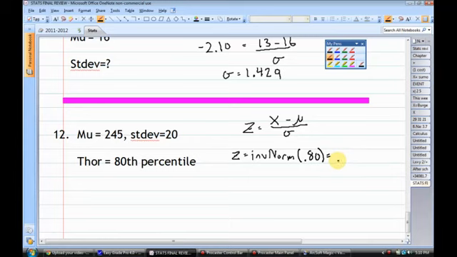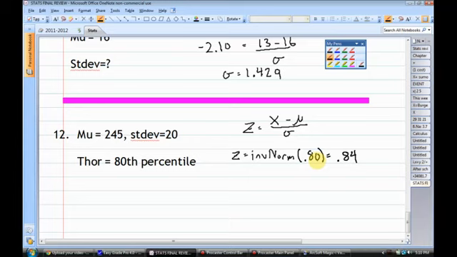Why are you guys all saying 0.84 if it's 80th percentile? No, for the inverse norm of 0.8, which is 0.84. So the percentile rank is 80. You go to second distribution, and then the third thing. That's inverse norm, and you just plug it in.